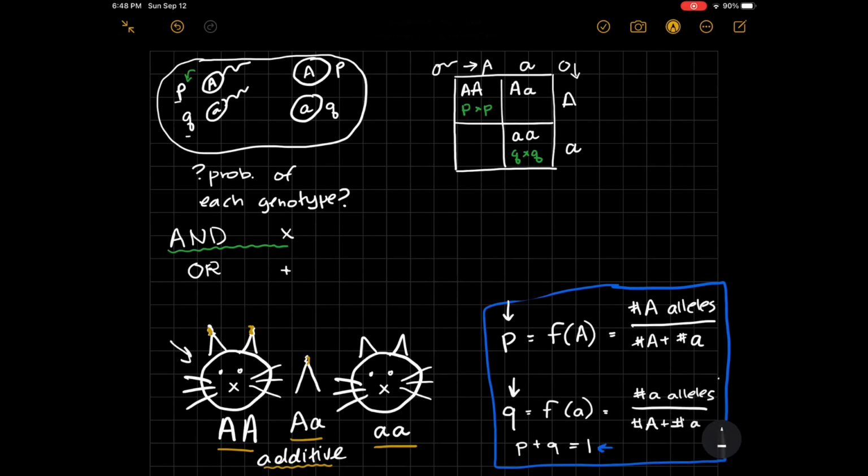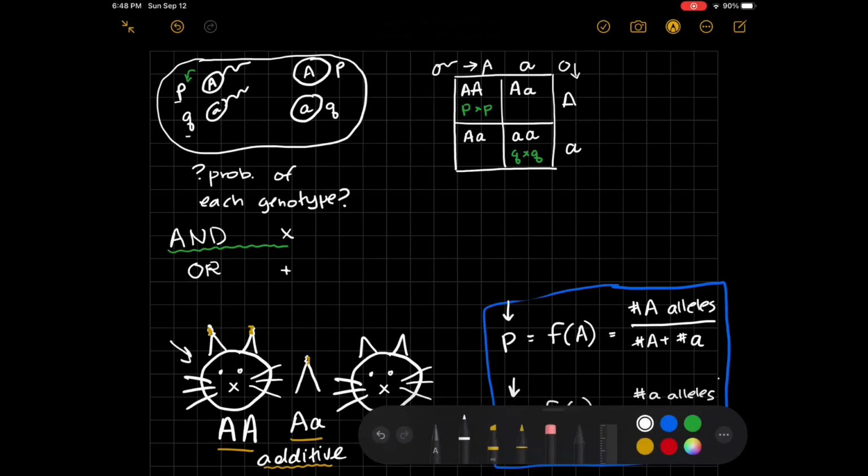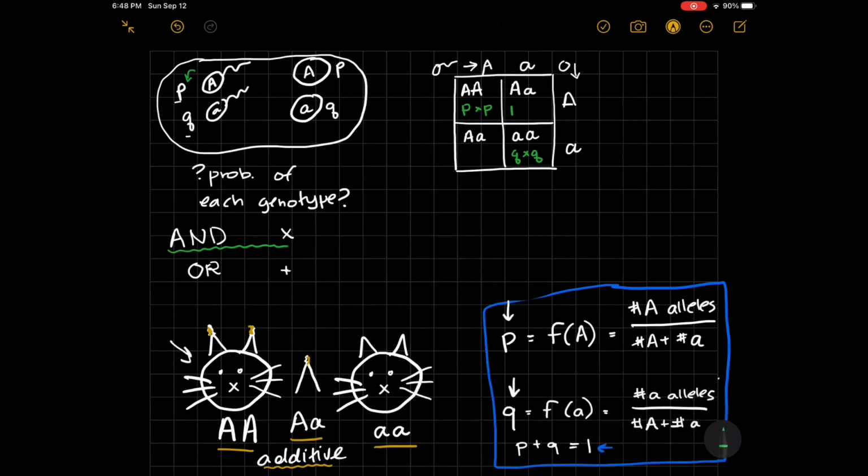That's going to be big A egg with little a sperm, or big A sperm with little a egg. And in either case, the probability is going to be the same. The probability of getting one big A, which is P, times the probability of getting one little a, which is Q. And we multiply these together because we need a big A and a little a to make this happen. So P times Q.